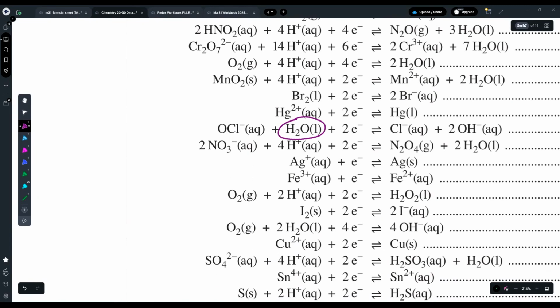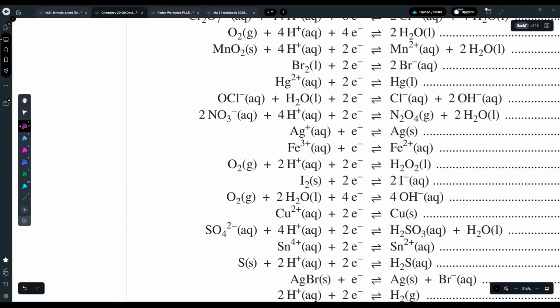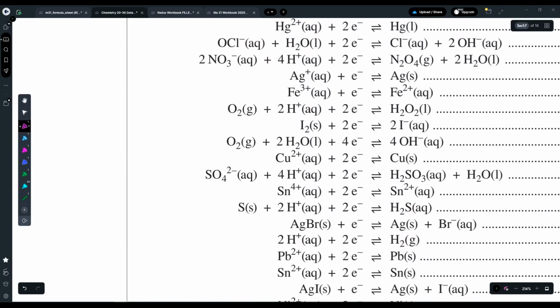I do have water, but I don't have this OCl1 minus, so I can't use this reaction. Let's keep going.